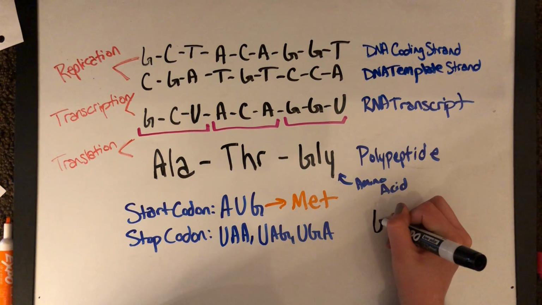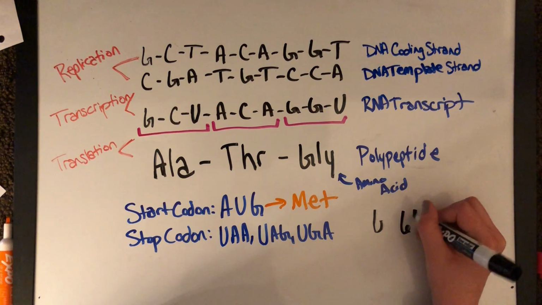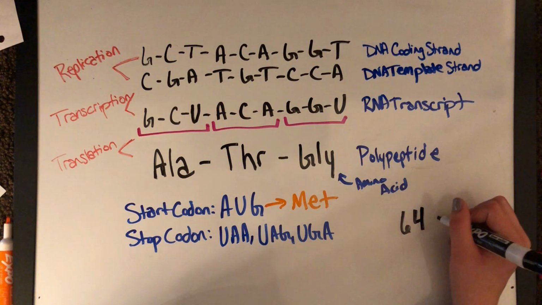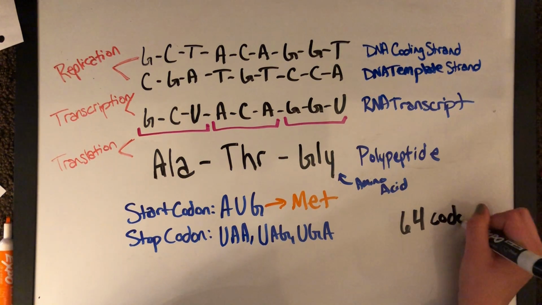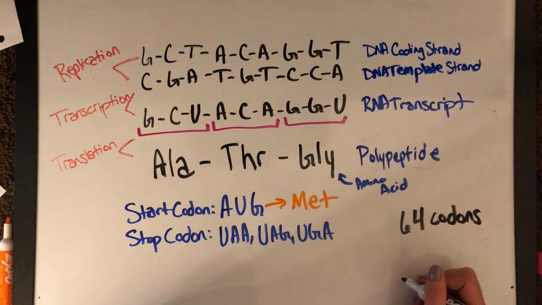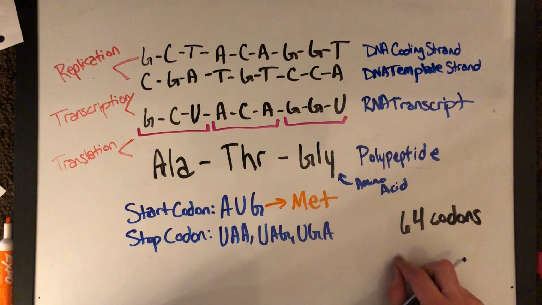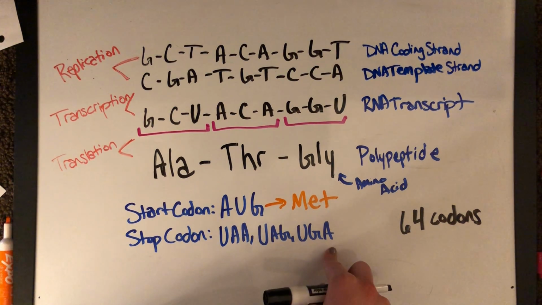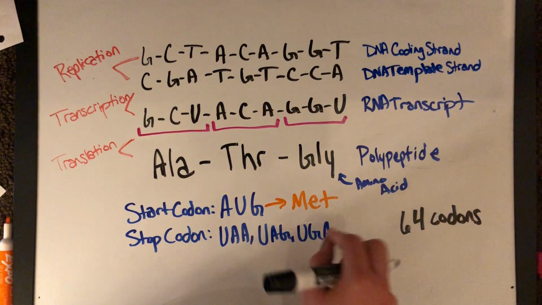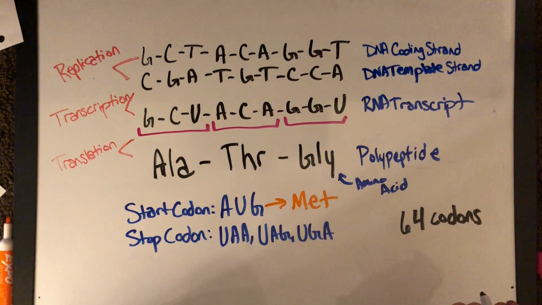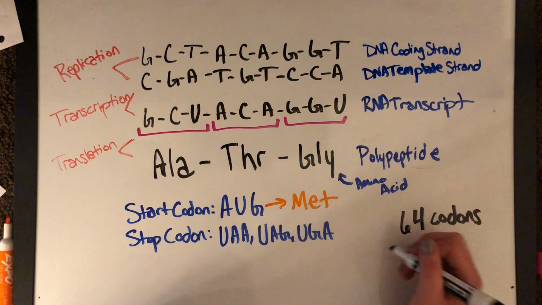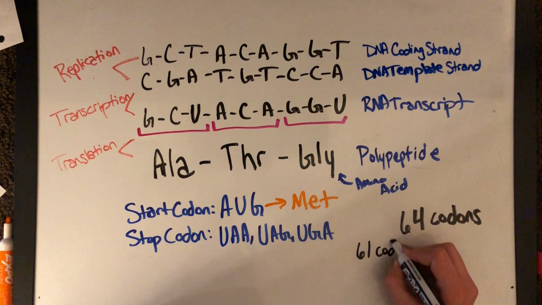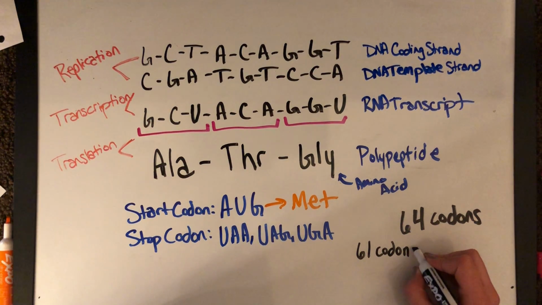Okay, how do I draw 6? 64 codons. Wow, it's a little late, sorry guys. 64 codons overall, but because these 3 codons don't actually code for an amino acid, we only have 61 codons that will code for an amino acid.